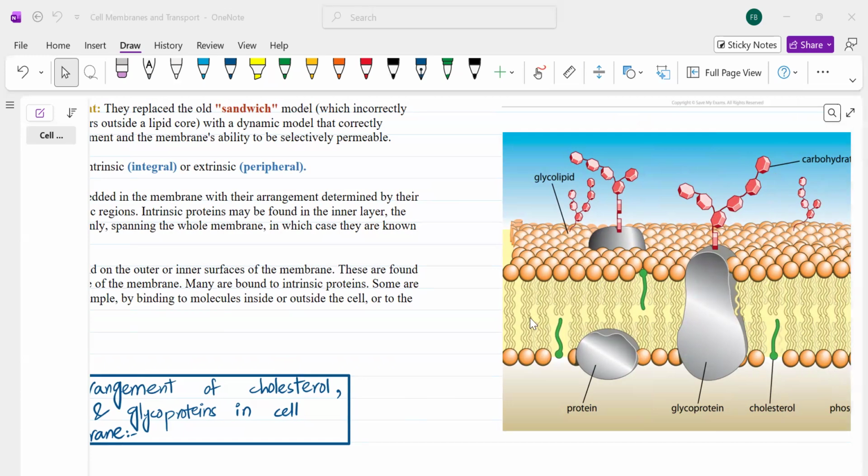And if you have a polar protein, the bilayer will tend to keep that polar protein in the polar part.